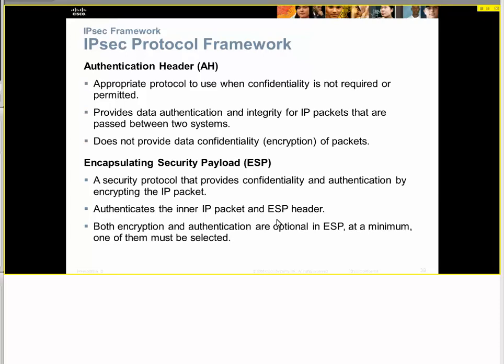So if we configure the ends for just an authentication header, what we're doing is we're saying, okay, create the hash, append the hash to the packet, send the packet down the tunnel, at the other end, the receiving end will take the packet, take the hash, put the hash aside, calculate a new hash, compare the hash that was sent against the new hash that it calculated.